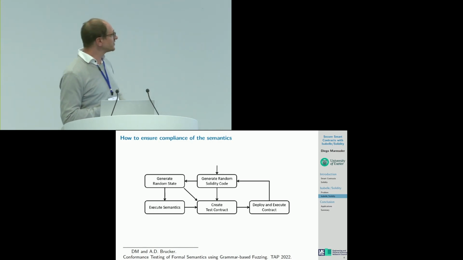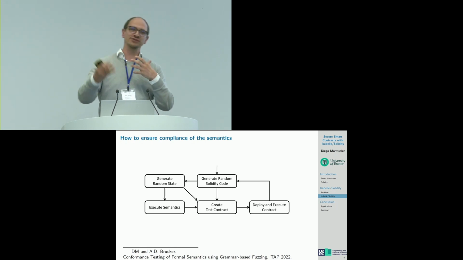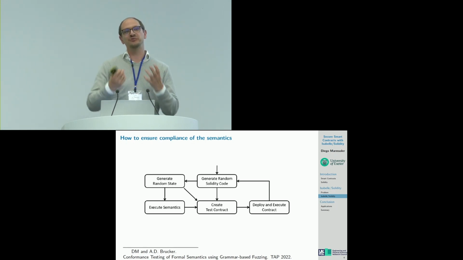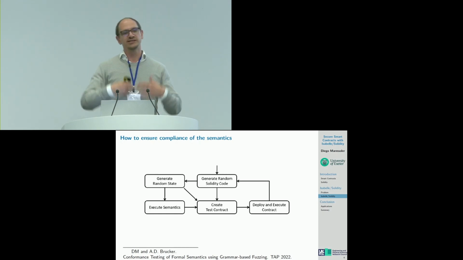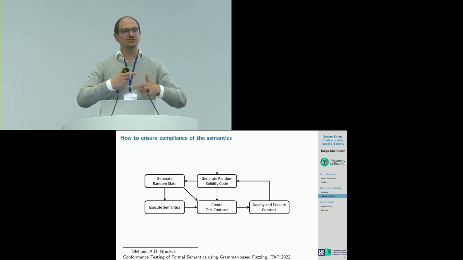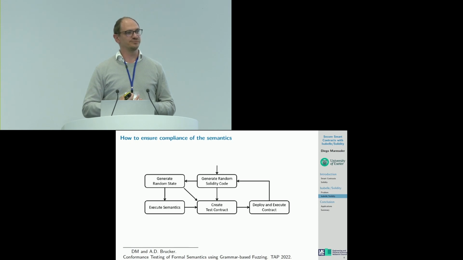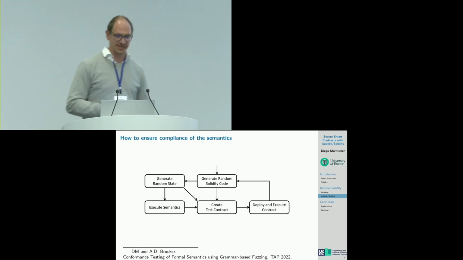Even more, we implemented a custom fuzz testing framework which automatically generates random Solidity programs, deploys them to a blockchain, executes them on our semantics, and compares the outcomes, which allows us to run a lot of tests automatically to gain confidence that our semantics conforms to the original specification.